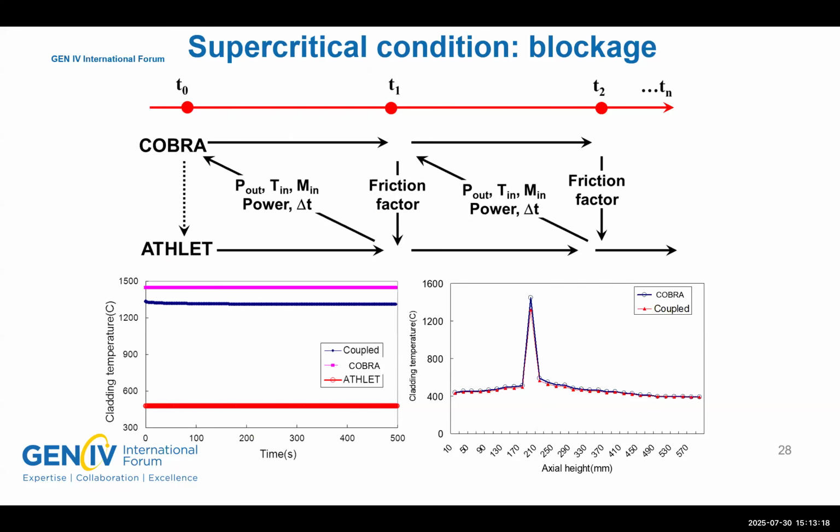From the cladding temperatures you will see that the system code can predict the lowest cladding temperature, while the coupled or subchannel analysis gives a much higher value of the cladding temperatures. That shows how important the non-uniform heat transfer analysis is compared to the thermal hydraulic analysis.